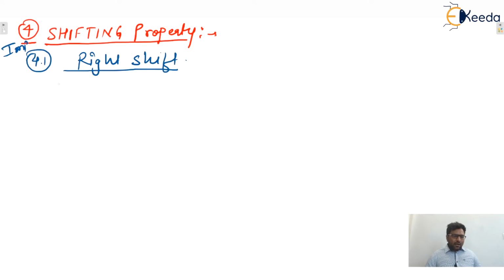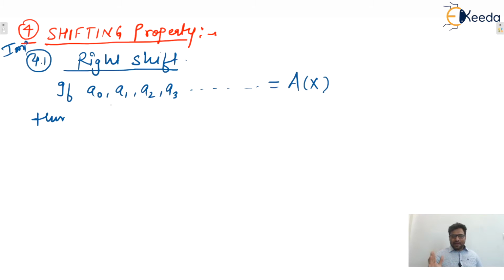Write down. Let's say one sequence is given to you: A0, A1, A2, A3, and let's say the corresponding generating function is AX. Now if this sequence is shifted in the right direction by one place, A0 will come here, A1 will come here, A2 will come here, A3 will come here, and a 0 is added at the start.